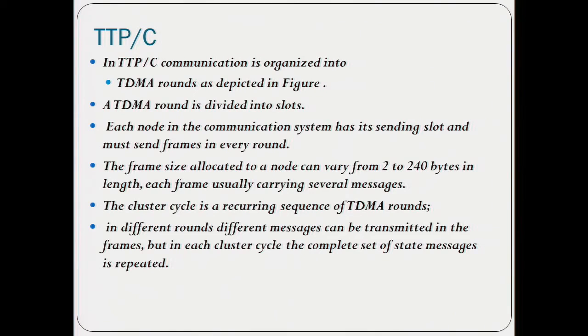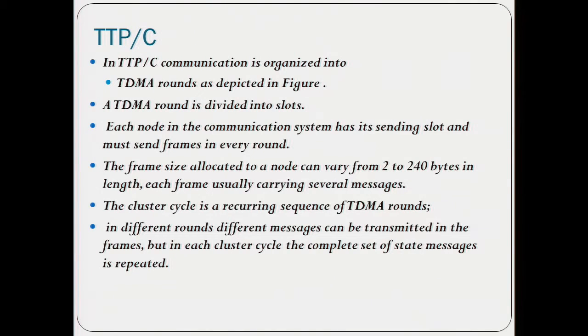So the TTP-C communication is organized in TDMA rounds, as depicted in the figure that we showed before. And a TDMA round is divided into slots, and each node of a communication system has its sending slot and must send these frames relative to the data and the reconfiguration information. Then the frame size is allocated to the various messages.